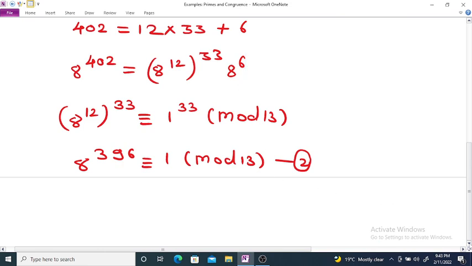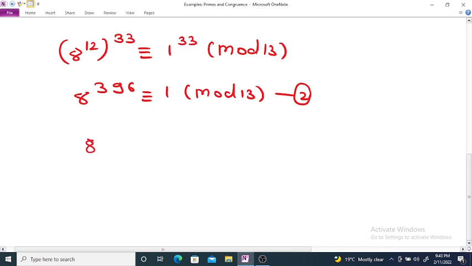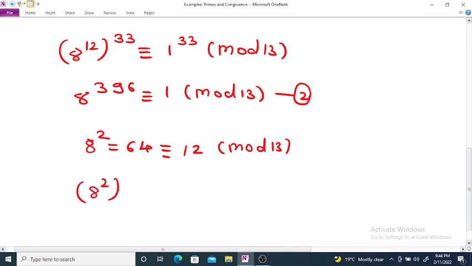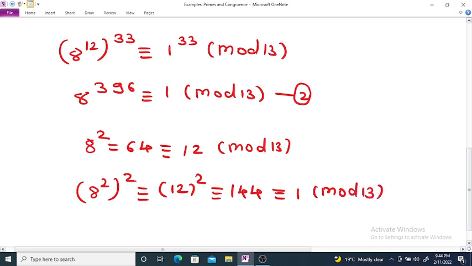As we know that 8 raised to 2, that is 64, is congruent to 12 modulo 13, and therefore 8 raised to 4, that is 12 raised to 2, which is equal to 144, is congruent to 1 modulo 13, if we divide 144 by 13.